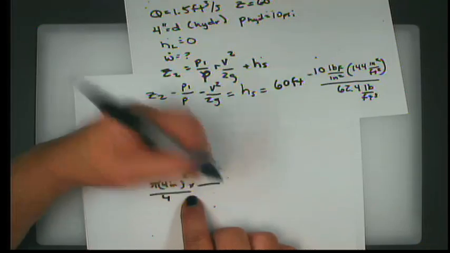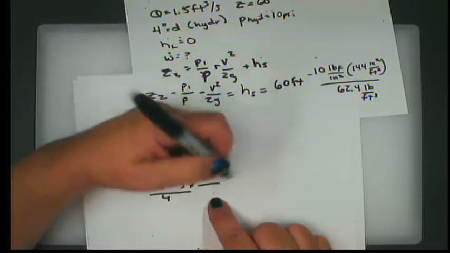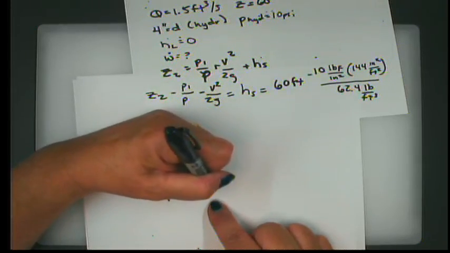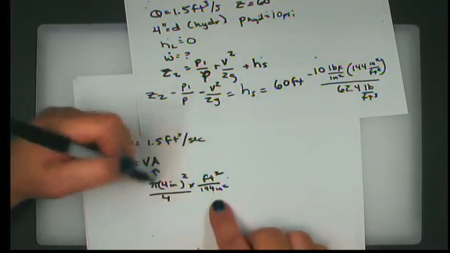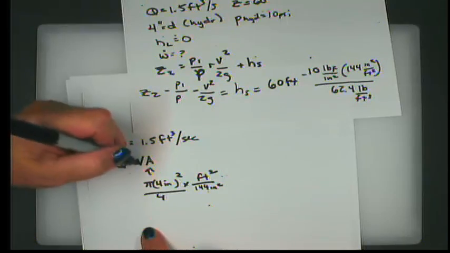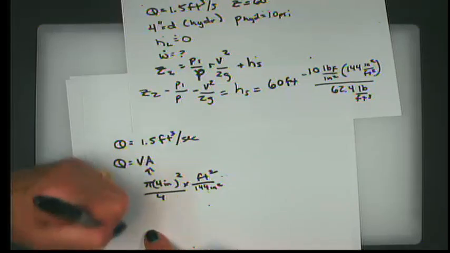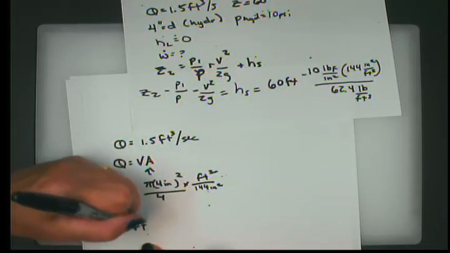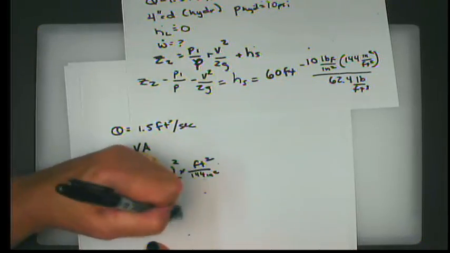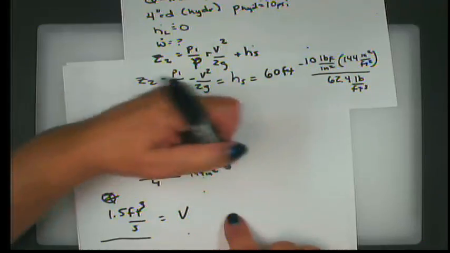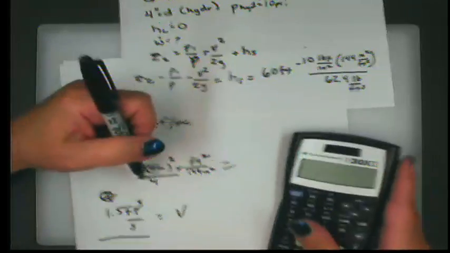And then once again, we're going to have to convert that because there are 12 inches per foot. So that's 144 inches squared per foot squared. And if I do that, then I can find my velocity. I'm just going to write this down. I know my Q, 1.5 cubic feet per second equals velocity times this value of area, which I want to compute just because it's kind of a messy number at this point.